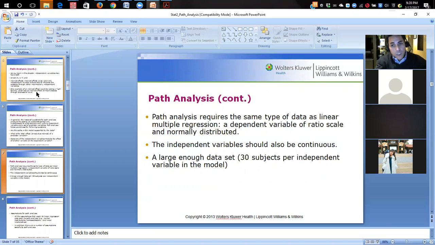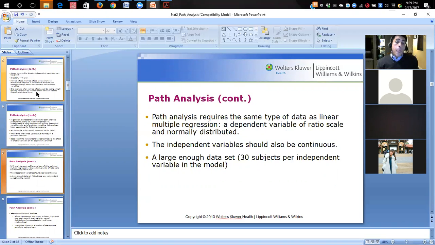That's not a continuous independent variable for age. That is considered a categorical variable for age. So you cannot use that kind of data in path analysis. So the independent variable should also be continuous type of data.